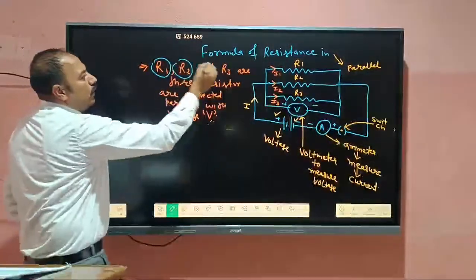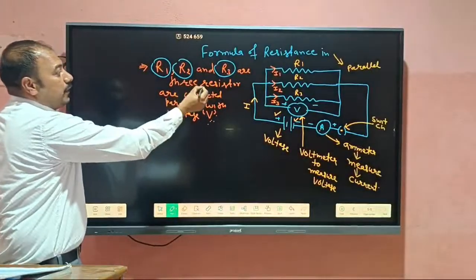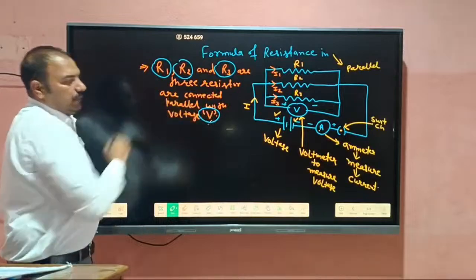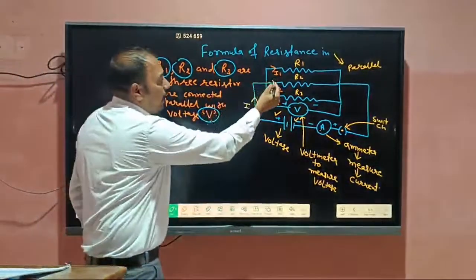R1, R2, R3 are three resistors connected in parallel with a voltage V. Next, what are I1, I2, I3?